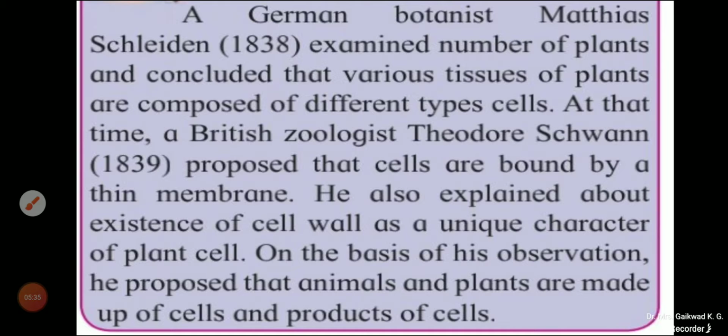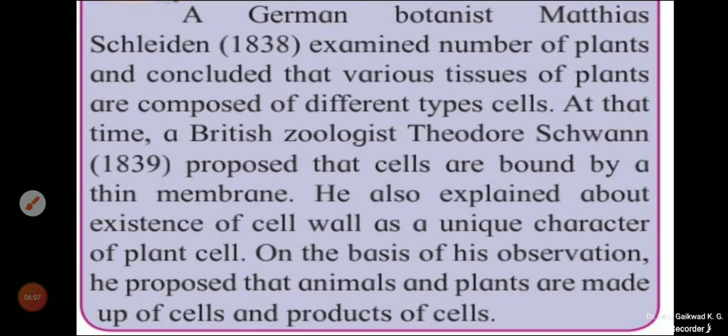It's again very important. A German botanist, Matthias Schleiden, examined a number of plants and concluded that various tissues of plants are composed of different types of cells. At that time, a British zoologist, Theodor Schwann, in 1839 proposed that cells are bound by a thin membrane.